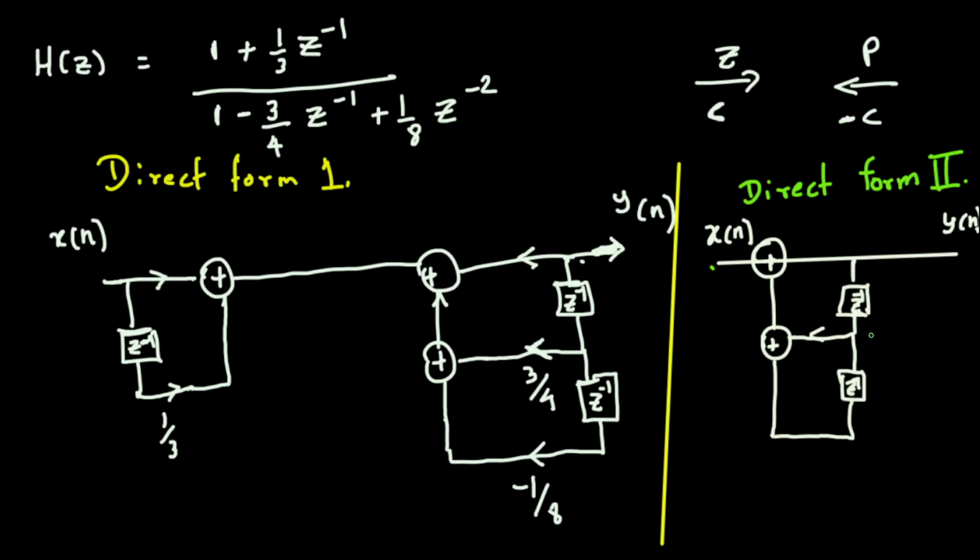Connected like this, and this term we combine with this one, so this z power minus 1 is this one, and that is connected with a plus over here. Okay, and we can keep the arrows direction as it is, and the coefficient remains the same. So if it's 3 by 4, 3 by 4 here as well, minus 1 over 8, and this coefficient is 1 over 3. Okay, so as you can see, we just combine these two together and that becomes the direct form 2.